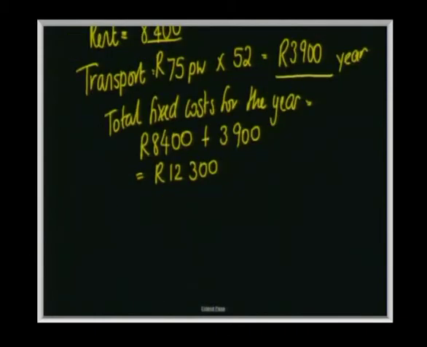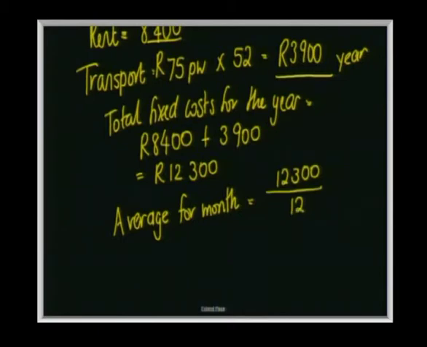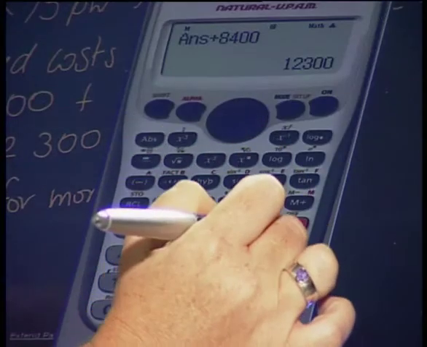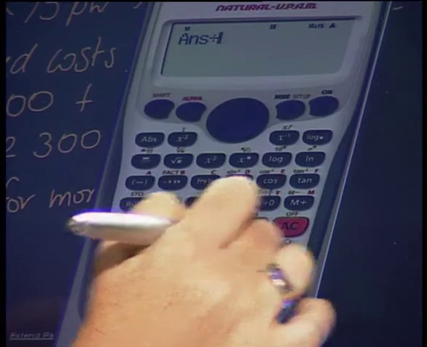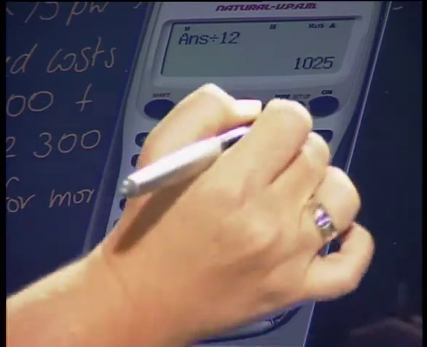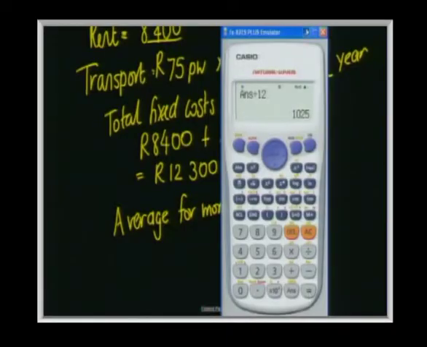But I wanted the average for each month. So I'm going to take that total of 12,300 and divide it by 12. Lucky I've still got it on my calculator. Divide it by 12, which is 1,025 Rand.